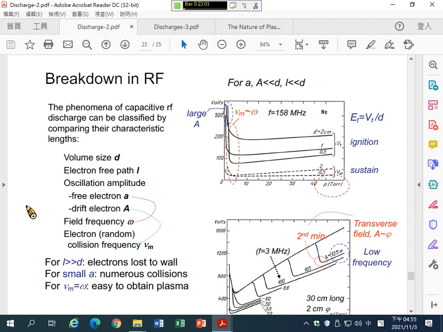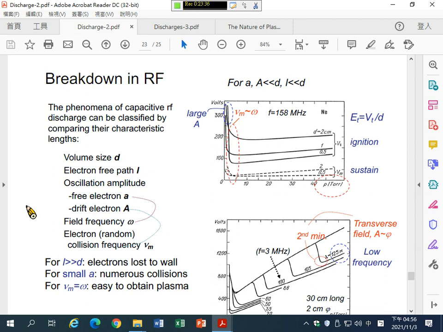Here are three curves. In the upper curve, the distance D between cathode and anode is 2 centimeters, the middle curve is 1 centimeter, and this curve is 0.5 centimeter. If you apply a voltage and divide the voltage by the distance, you can get the electrical field.